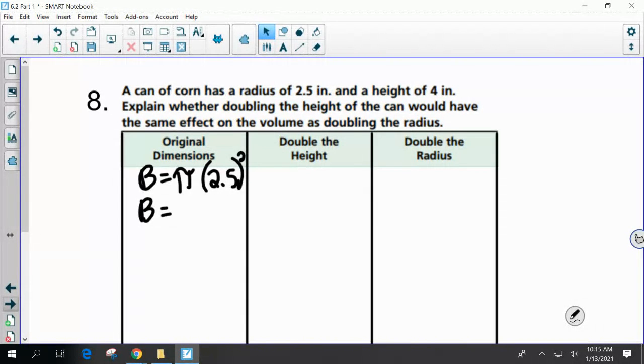6.25. So 3.14 times 6.25. What does that equal? Where'd you get the 6.25? 2.5 squared.